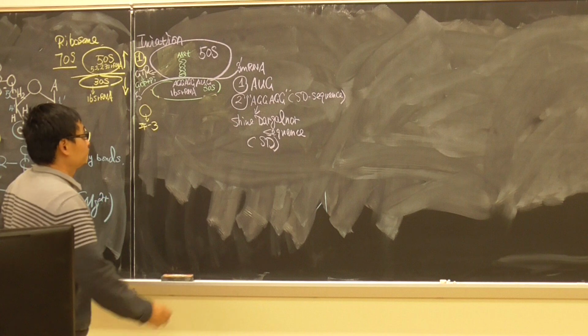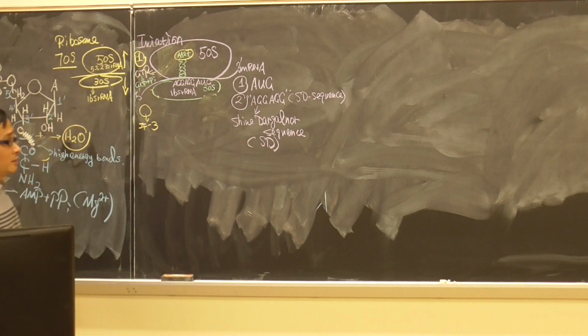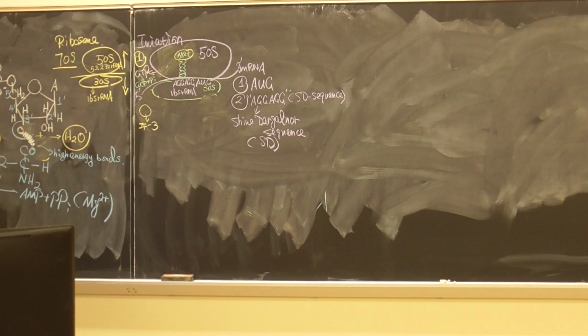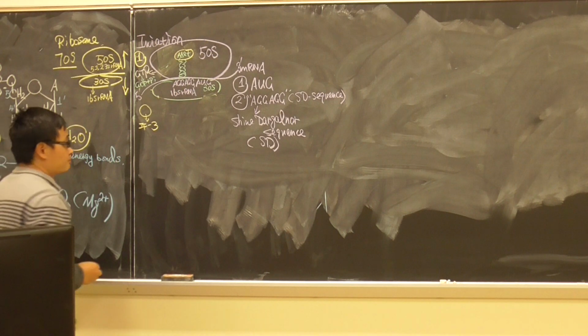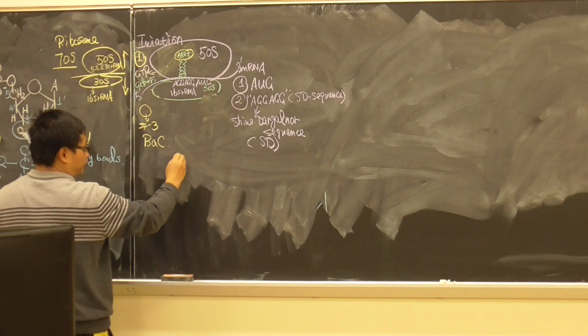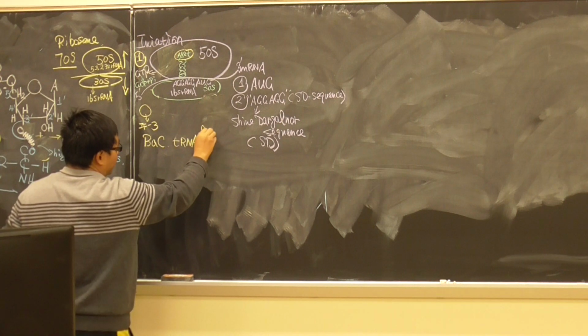First question. Every time, the first genetic code carried is AUG, translated to the amino acid MET, methionine. But I want to tell you there's some difference. If it is a bacterium, the first tRNA is carrying FMET.